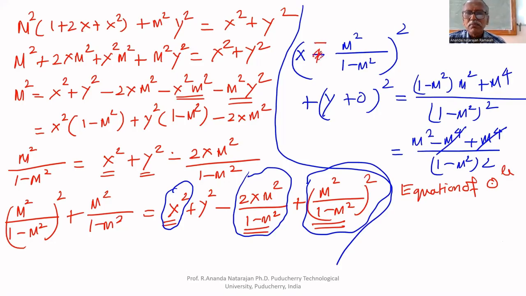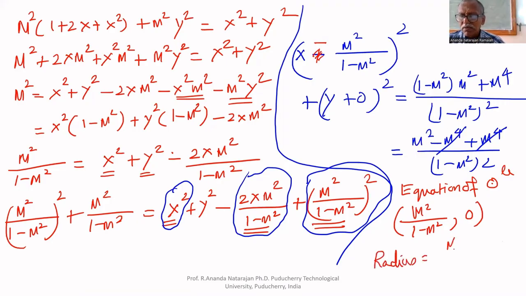Sorry, the center is minus of this, so the center is m square upon 1 minus m square, and 0. The radius is equal to the square root of this, that is m divided by 1 minus m square. So it is a circle of radius m upon 1 minus m square, and the center is at m square upon 1 minus m square, comma 0.